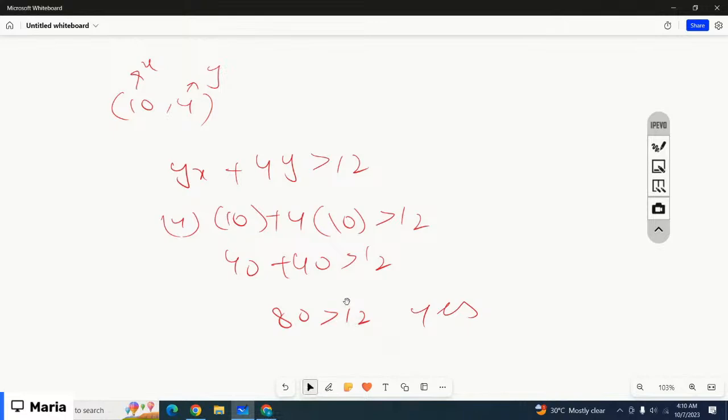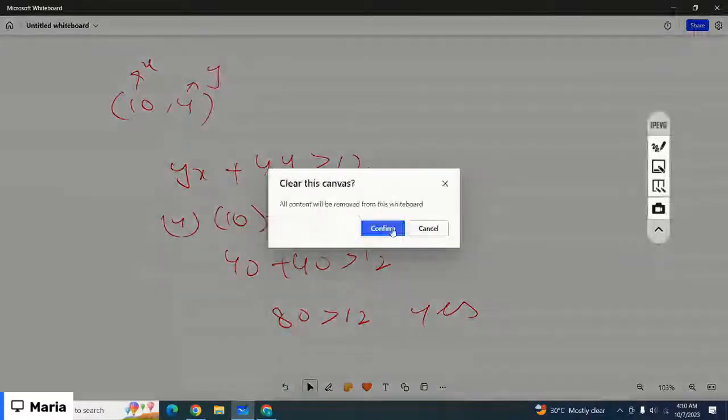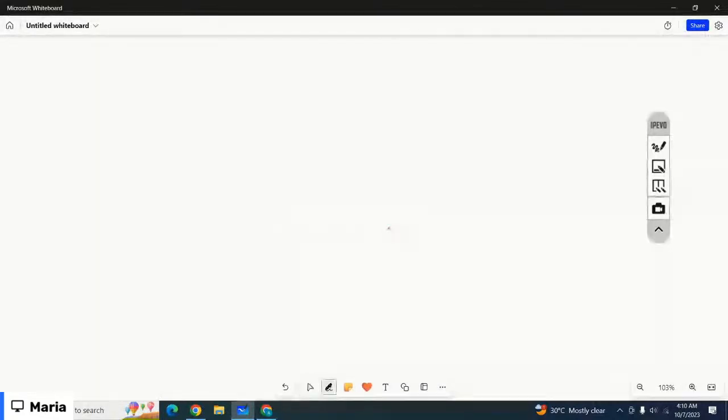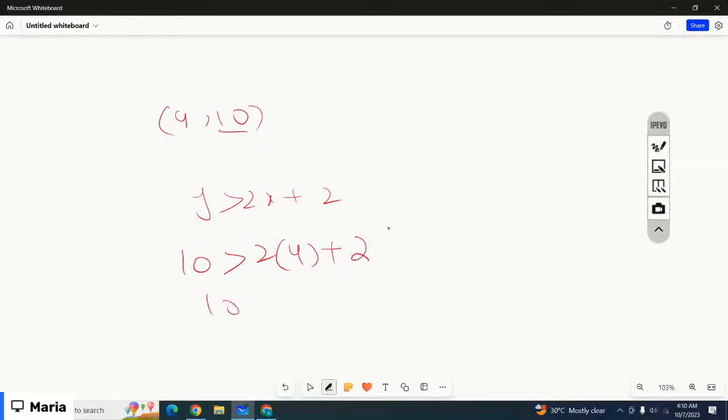That's how we check if a given point is the solution of the inequality. The next one you are given is the point (4, 10). You have to see if it makes the inequality y greater than 2x plus 2 true. y is 10, and 2 times 4 is 8, plus 2 is 10.